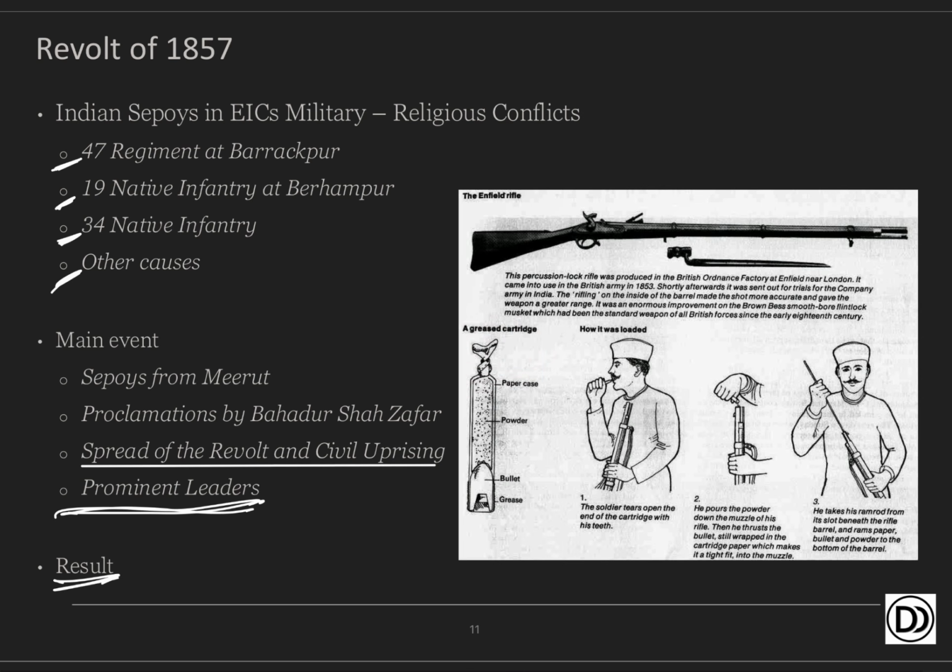They didn't have magazines at that time, and these were the new rifles. So they had to bite this with their mouth using their teeth and then load it. And if you want more idea, you can watch a YouTube video. And I think there is a scene in the movie Mangal Pandey where they exactly show how these are loaded.